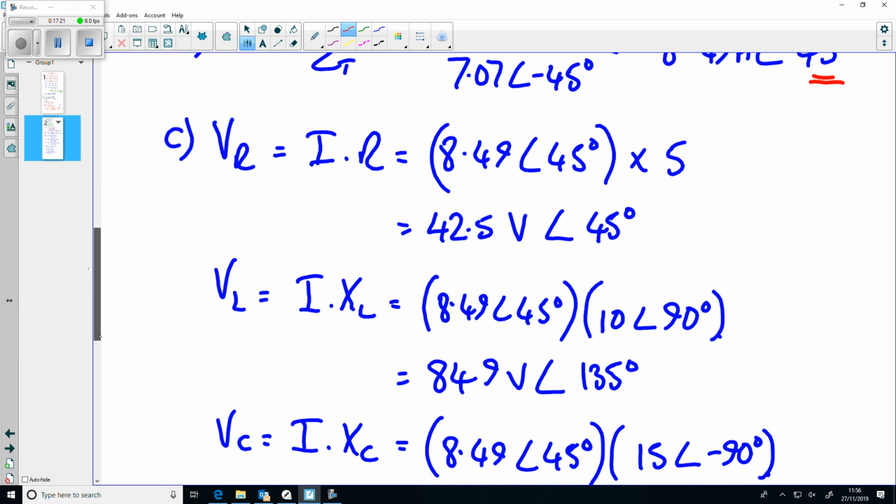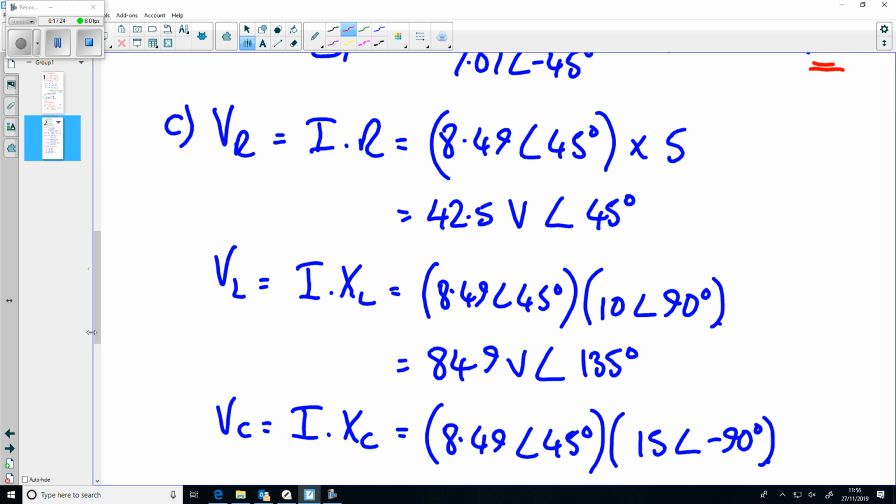Then we can calculate VR by multiplying that complex current by the 5 ohms. We multiply the 8.49 by 5, and then we add the angles. There's no angle associated with the resistance. So you should get 42.5 angle 45 degrees. VL is I times XL. XL is 10 ohms, and we remember for an inductor it's a positive 90 degree angle.